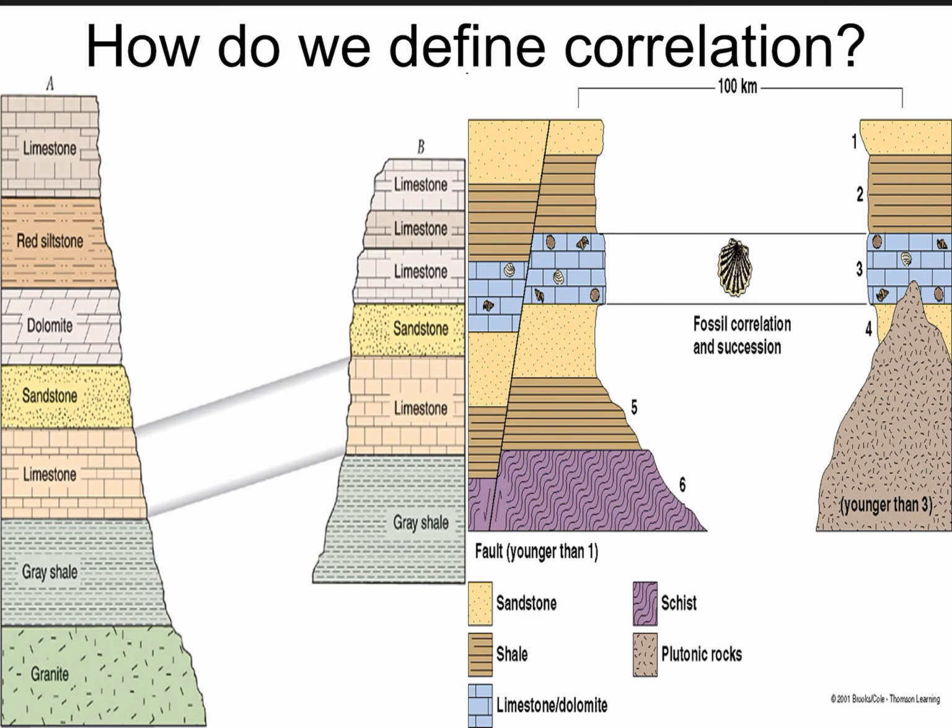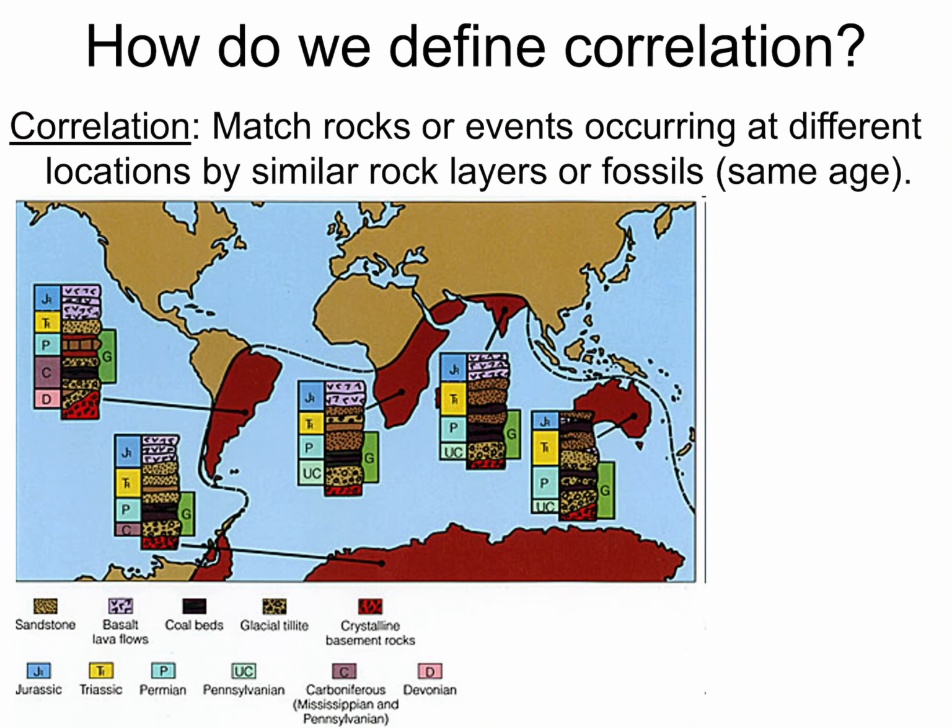Moving forward. Correlation, like I just said, is matching rock layers to get this big picture, this big story. It means matching rocks or events occurring at different locations, but at the same time.